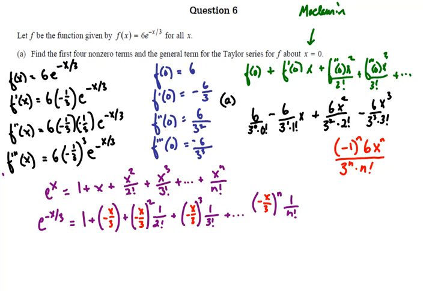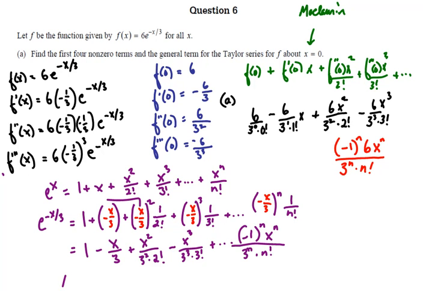It's exactly the same, except that wherever we had x before, we now have negative x over 3. And of course, simplifying that, we would have gotten 1 minus x over 3 plus x squared over 3 squared times 2 factorial, then minus x to the third over 3 cubed times 3 factorial, and leading us to the general term negative 1 to the n times x to the n over 3 to the n times n factorial.